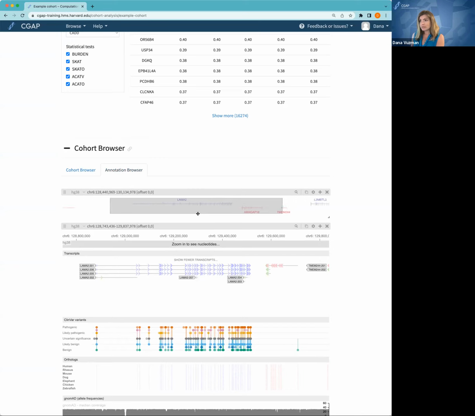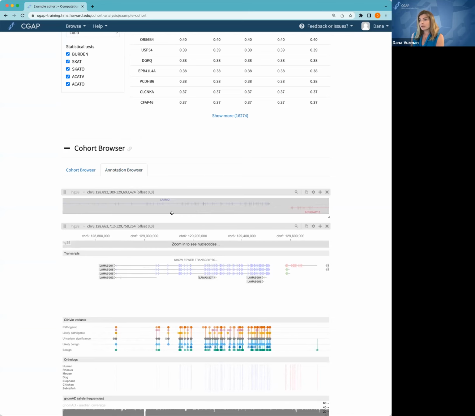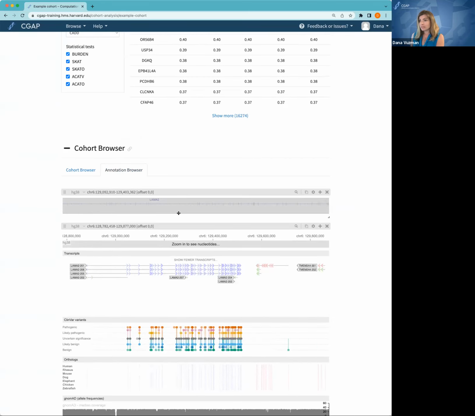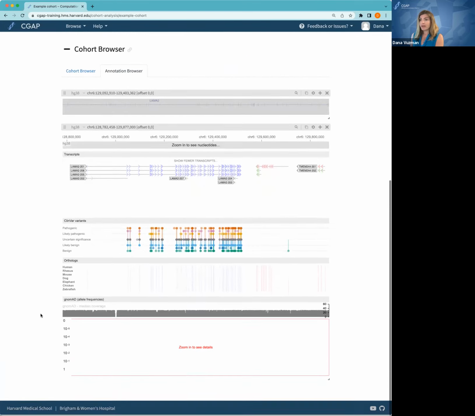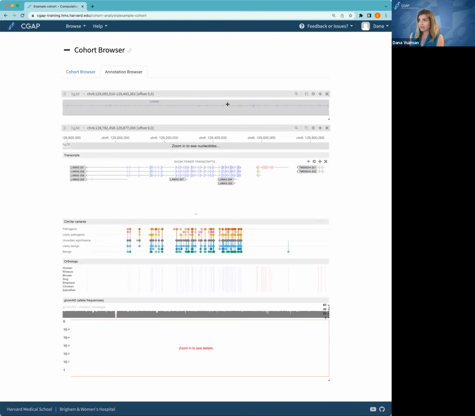We can zoom in a little bit, and by zooming in, focus more on the different annotations that we can see here. So beyond the transcript track, we have the ClinVar variants track, and we can see here all the pathogenic, likely pathogenic, uncertain significance, likely benign, and benign submissions to ClinVar.